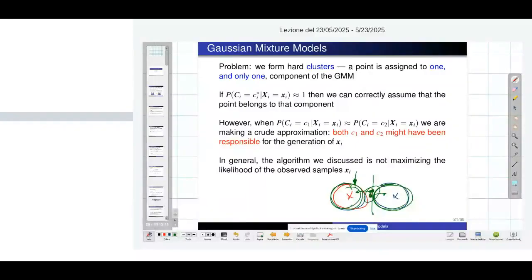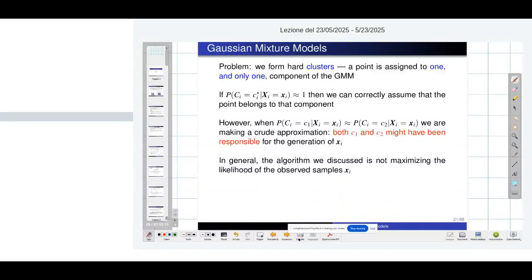So a point that lies here, I may say it's from the red cluster, but there is an almost equal probability that it was generated from the blue cluster. But when I say it's red, then I take that as certainty. So for me, it's the same as a point that was here, which is almost surely generated by the red cluster. Not surely, because there is a small chance that it comes from the blue, but it's very small.